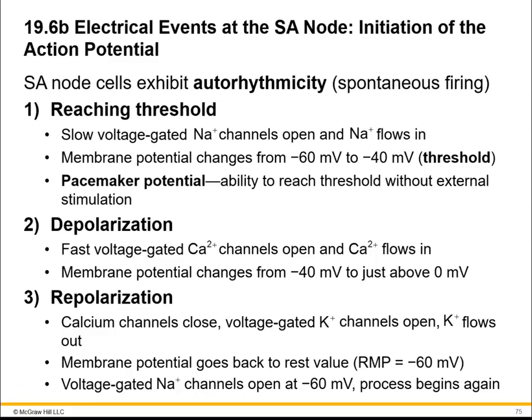So the membrane potential is going to become more negative, and it eventually settles back down to about negative 60 millivolts, the resting membrane potential. Now remember, at negative 60 millivolts, those slow voltage-gated sodium channels are going to open, allowing sodium to flow in, and then the whole process is going to begin again.